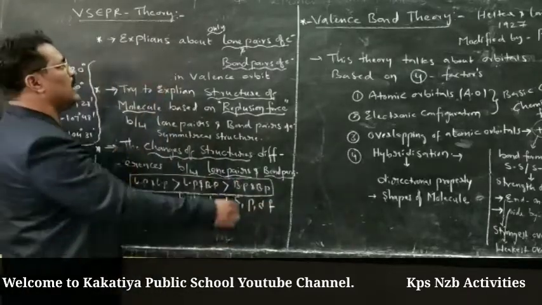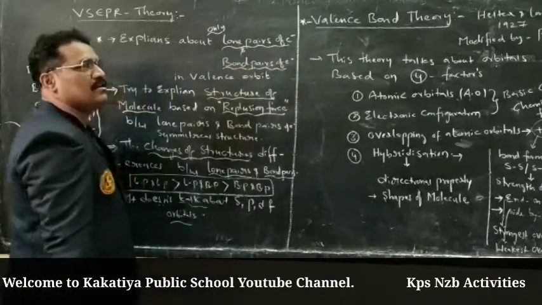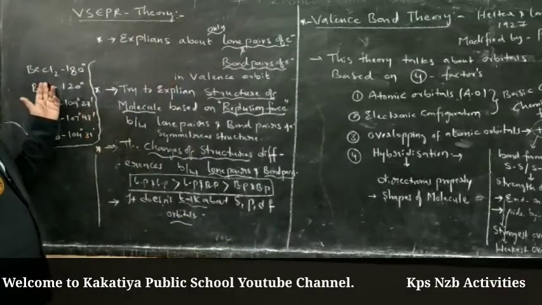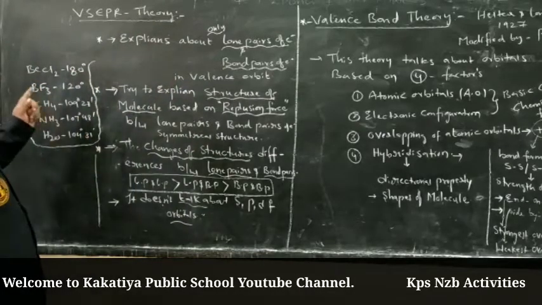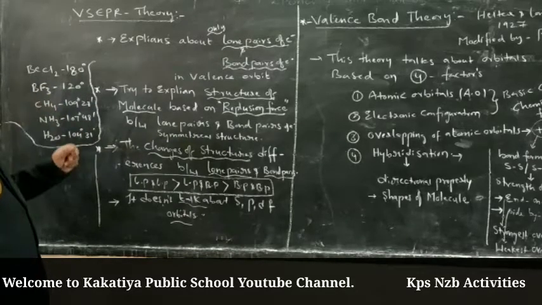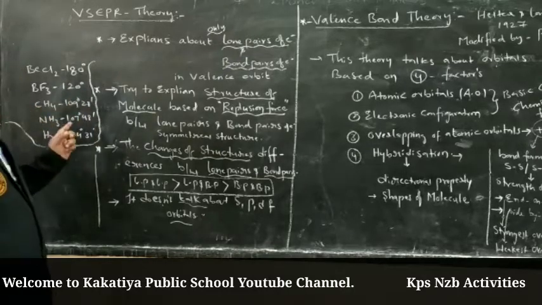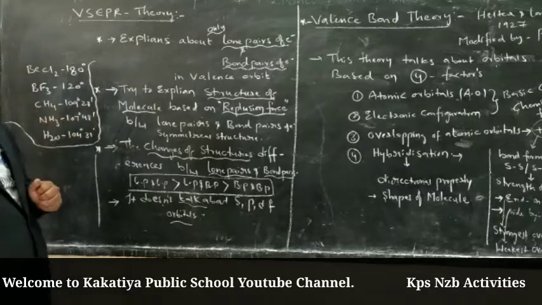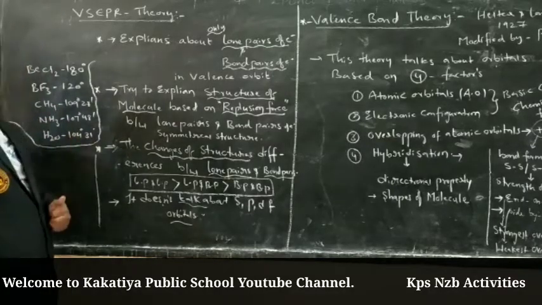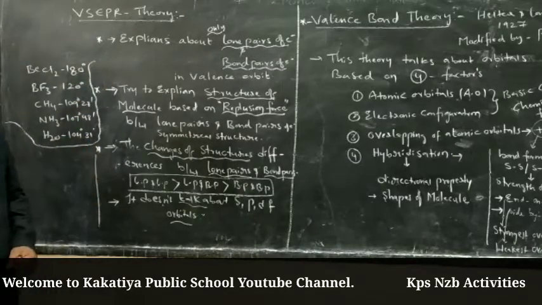It explains only lone pairs and bond pairs of electrons, which give certain structures such as beryllium chloride whose angle is 180 degrees, boron trifluoride whose angle is 120 degrees, methane whose angle is 109°28', ammonia whose angle is 107°48', and water whose angle is 104°31'. This is the total concept of VSEPR theory.